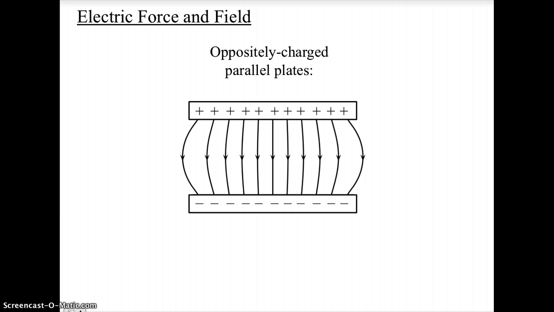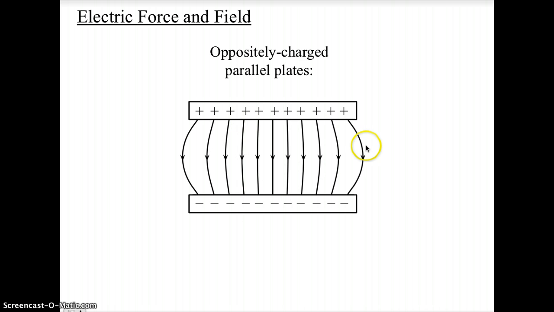It'll look like this. Now, I said that these would be parallel lines, but at the edges, we have this bowing effect. They bow out at the edges. So what that shows us is that the field is really only uniform in the middle region between the plates.